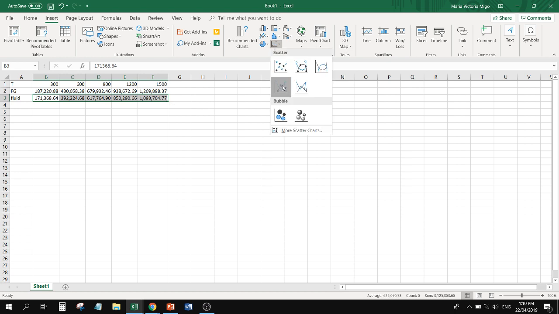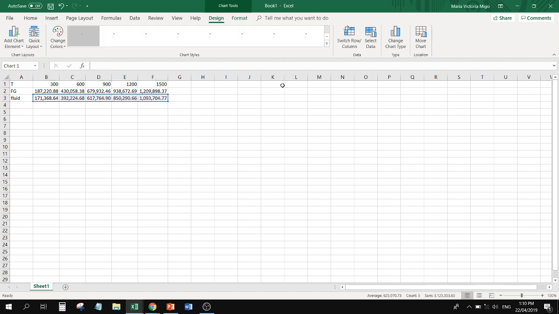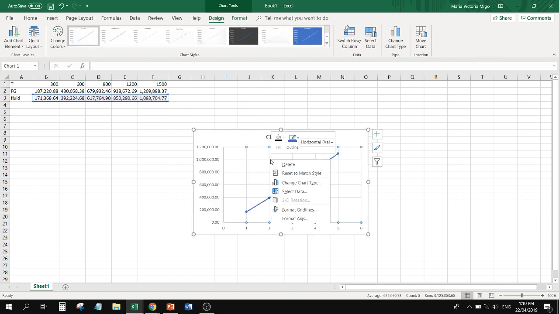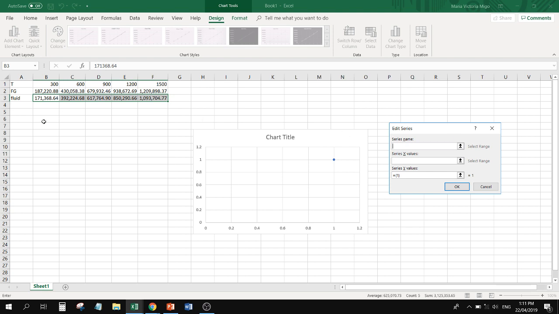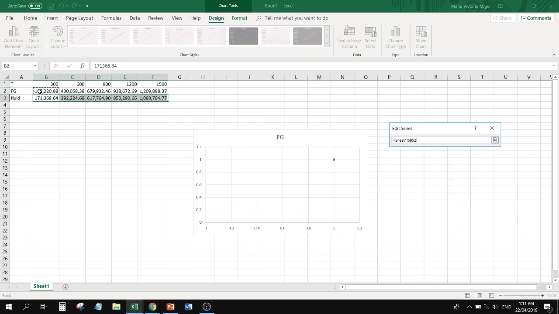Right. So we insert a chart. Let me check that. Select data. Remove. We add a new one. This is for the flue gas first. The X values would be the Q values, so the heat values, and the Y values would be the temperature.